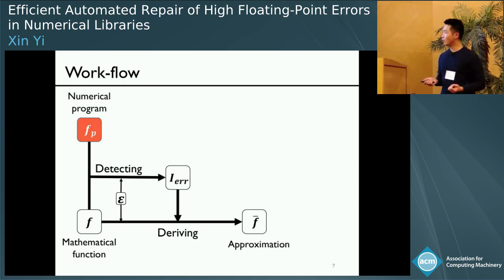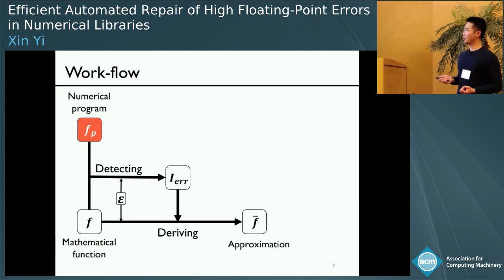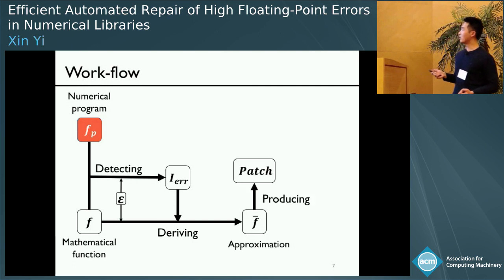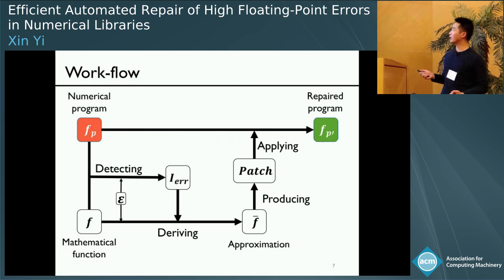After that, we derive an approximation from the mathematical function over this interval to satisfy the error threshold. After getting the approximation, we convert it to a patch. And finally, we apply the patch back to the original program and complete the repair.